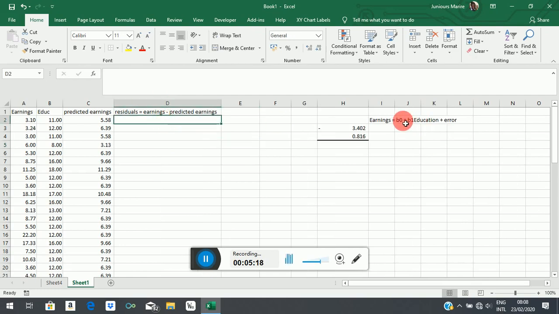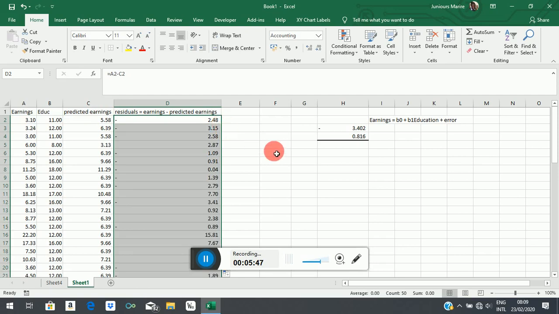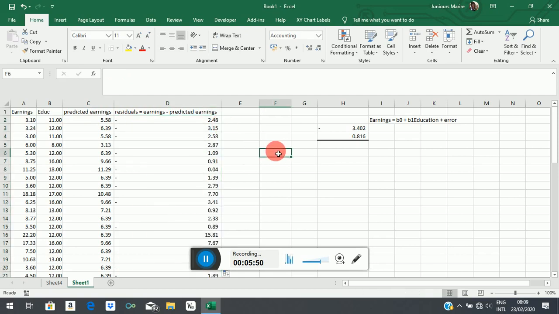If we take this part, beta 0 plus beta 1 education, to the other side, once we have found these two numbers, it's your predicted earnings. So whatever remains here is your predicted error, which we call the residuals. So this is equal to that minus that, and you ask it to reproduce everything.